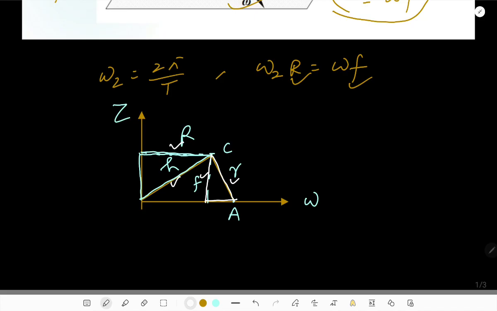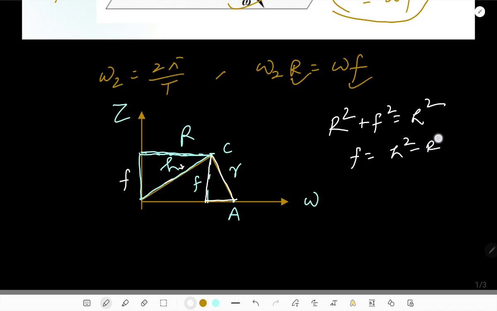So if I consider this the main triangle, this is the triangle made of perpendiculars. So I can write here R, this length is f, and this is H. So R square plus F square equals H square. That means F equals the square root of H square minus R square.